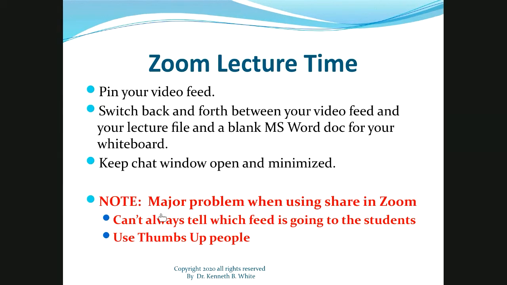Now, one major problem I found this summer in Zoom is that when you're going between different files, say a slide you're showing like this, maybe a spreadsheet you're going to do a calculation on, or something on the internet, you think you switched and you really didn't.